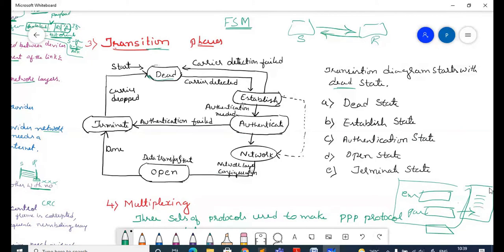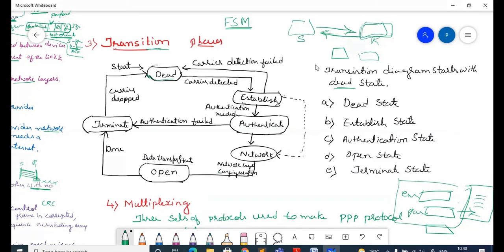So the data exchange takes place once authentication is done, because in the network there are so many devices connected, so it requires to know whether I am exchanging the data with the authorized person or with somebody else. So for that reason authentication is required.